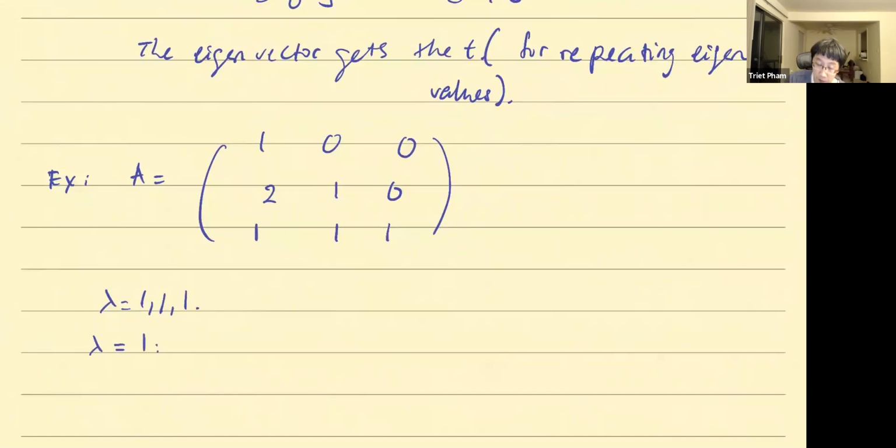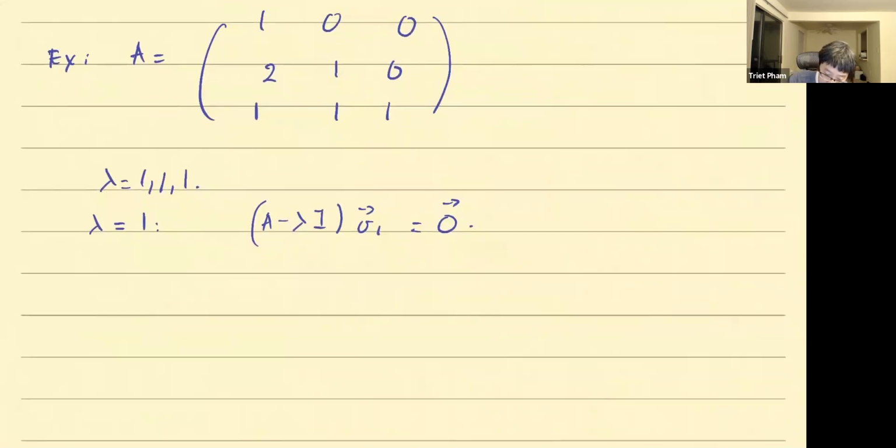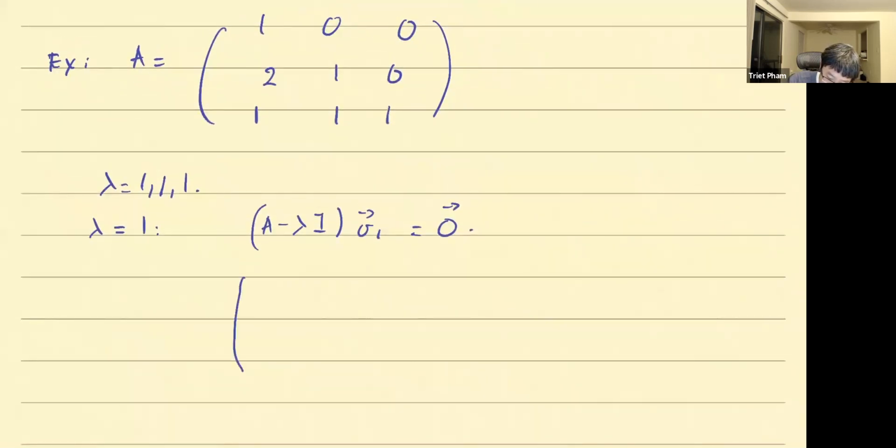There's only one lambda. Then let's investigate the eigenvector structure first. So A minus lambda I, right? Let's call it v1, right? There should be at least one of them. Okay. What is this? 0, 0, 0, 2, 0, 0, 1, 1, 0.